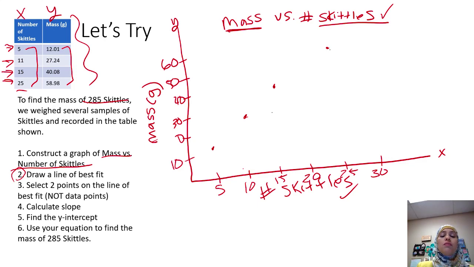Lost my thought there, the y-intercept. So we need to do that by intersecting the line to the y-axis. So I'm going to kind of rough this up a little bit. And I'm going to say, oh, this will not let me do that.